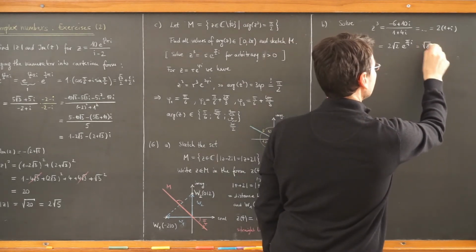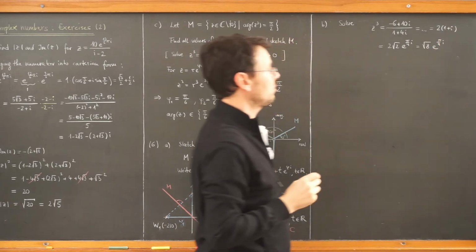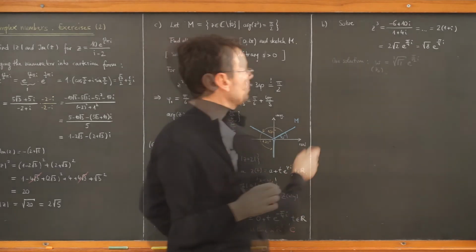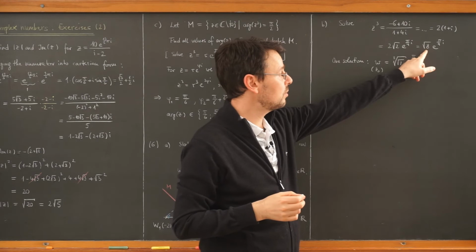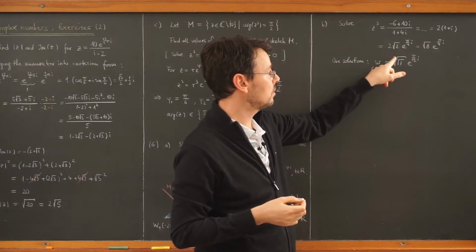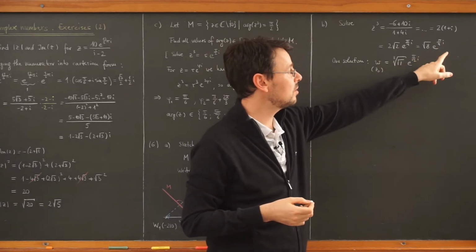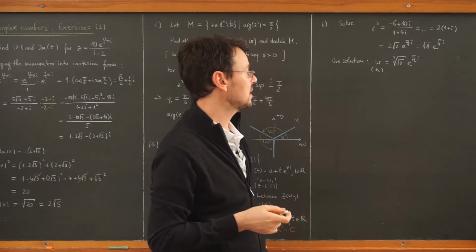If you wish, you could write this also as square root of 8 times e to the pi/4 i. So then one solution is obtained by taking directly the third root of this, of the length, so third root of square root of 8, and dividing this angle by 3, so you end up with pi/12 times i.